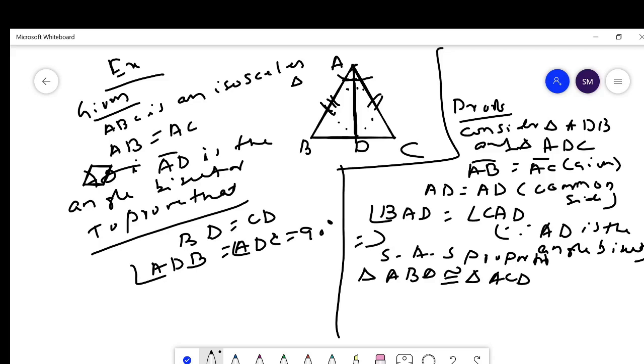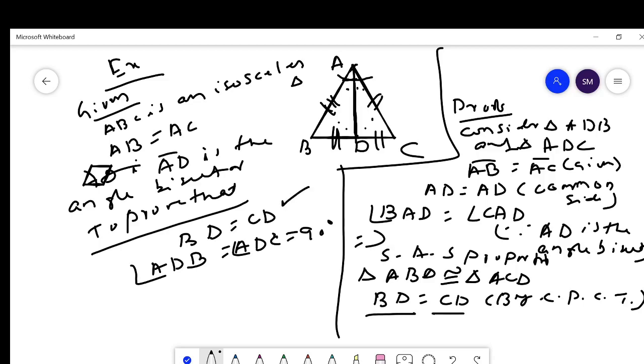Triangle ABD is congruent with triangle ACD, which shows BD is equal to CD by CPCT, meaning corresponding parts of congruent triangles. Then BD is equal to CD by CPCT. Then the first condition is proved.